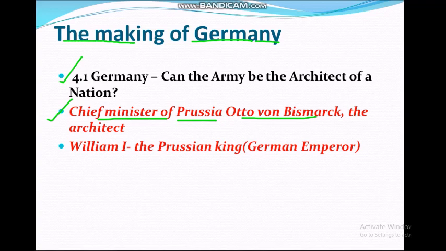That is why he is called the architect of Germany. The next person is William I, the Prussian king. Afterward, he became German emperor. These are the two people you need to memorize here. We should not forget these names.